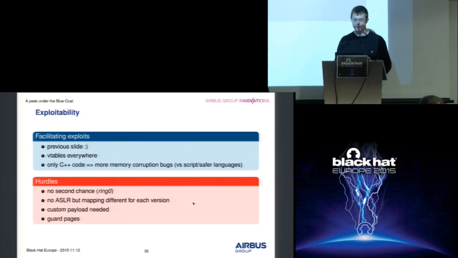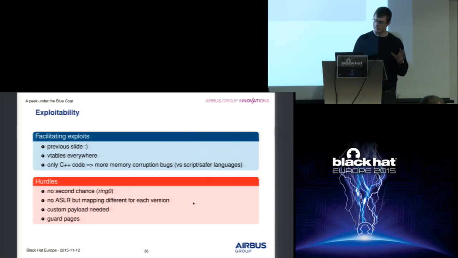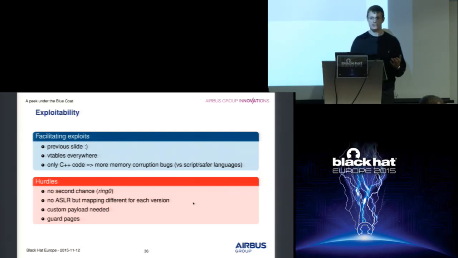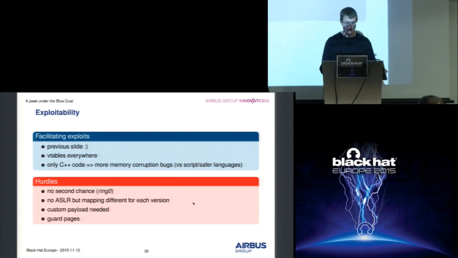And it's running C++ code, not a scripting language, which is usually safer regarding memory corruption. But then you have some things that are really a pain if you want to run an exploit. First, you're in ring 0, so you don't have any protection against bad memory access, because you can, for example, bypass NX by changing the PTEs or whatever.